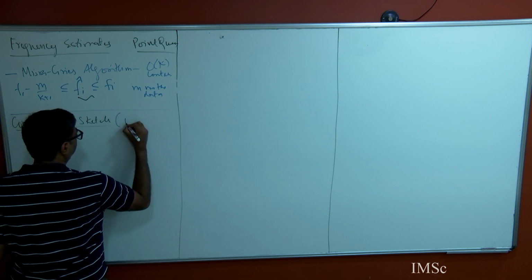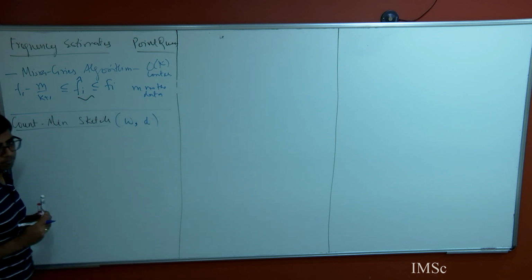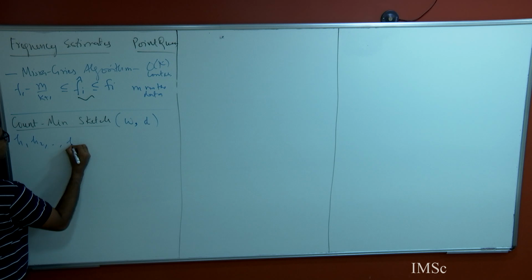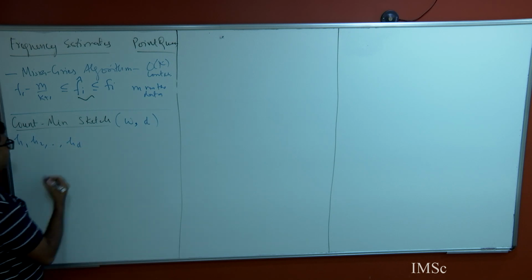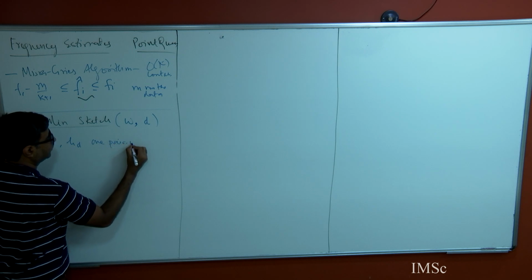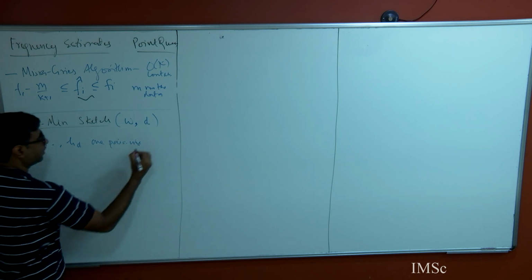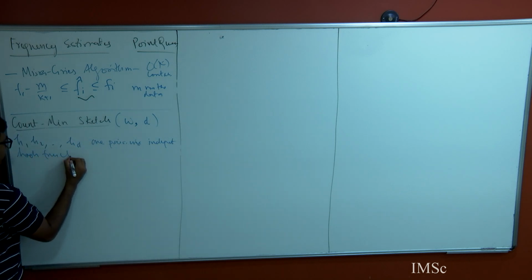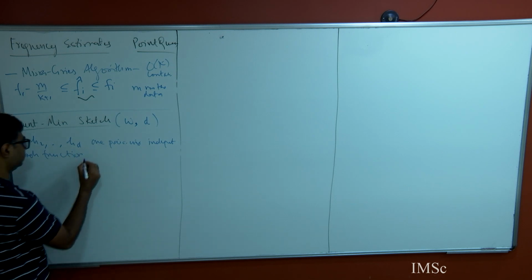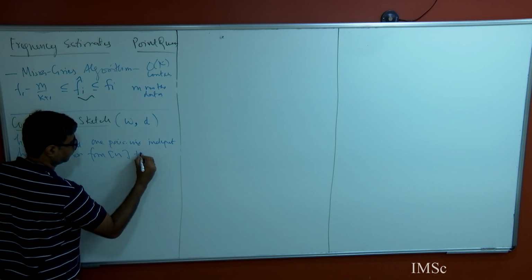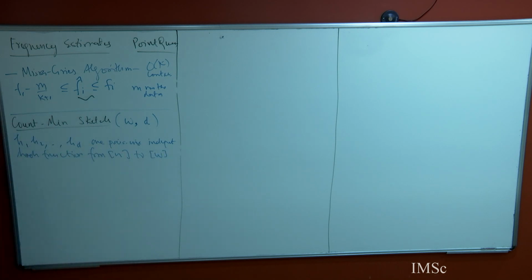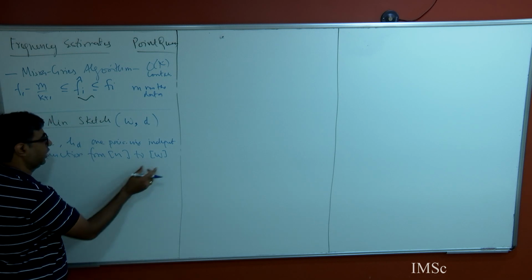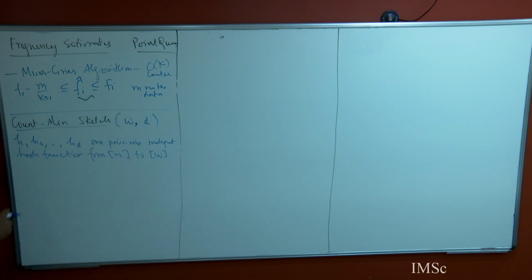As I told you, it takes two things, a W and a D. What we had was H1, H2, up to HD, D pairwise independent hash functions from N to W. So you have W buckets, and the objects which are coming are in the range from 1 to N.